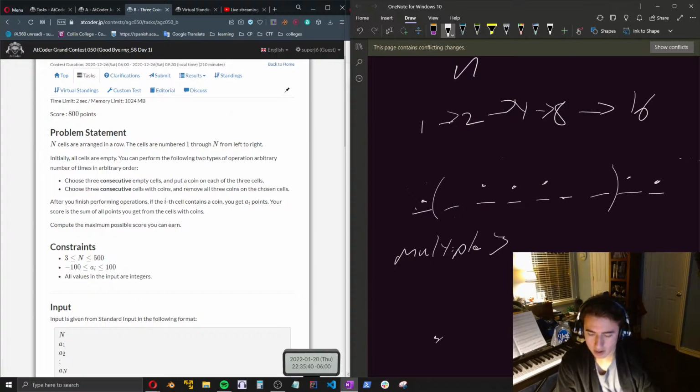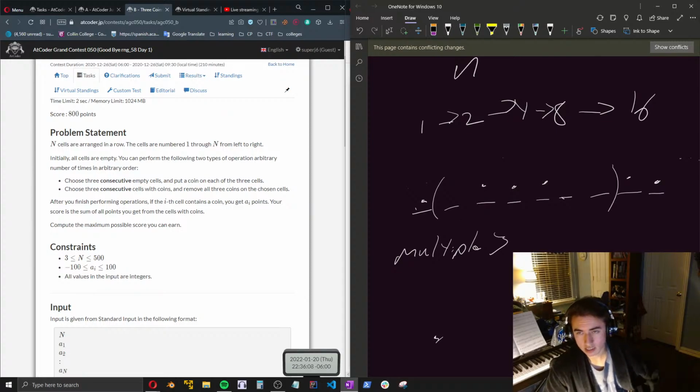So imagine you have a range, right? If the final three on the outside were connected, then you can do whatever you want on the inside. All that matters is that the inside is a multiple of 3.